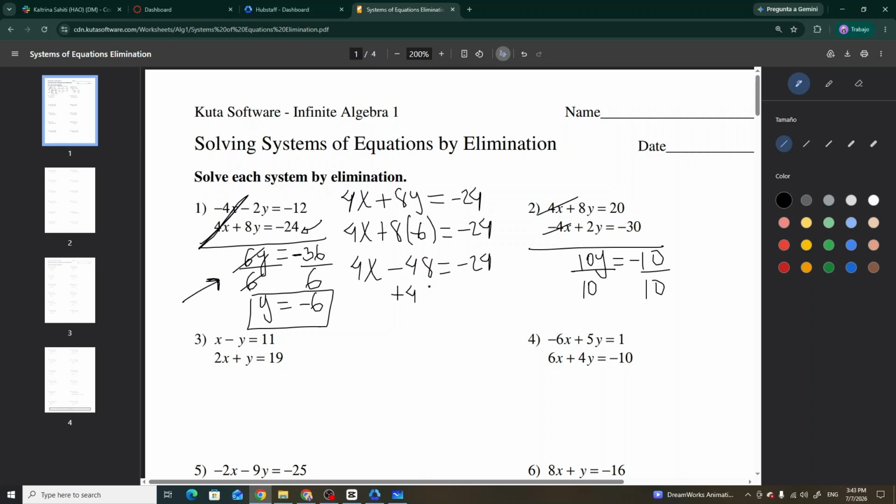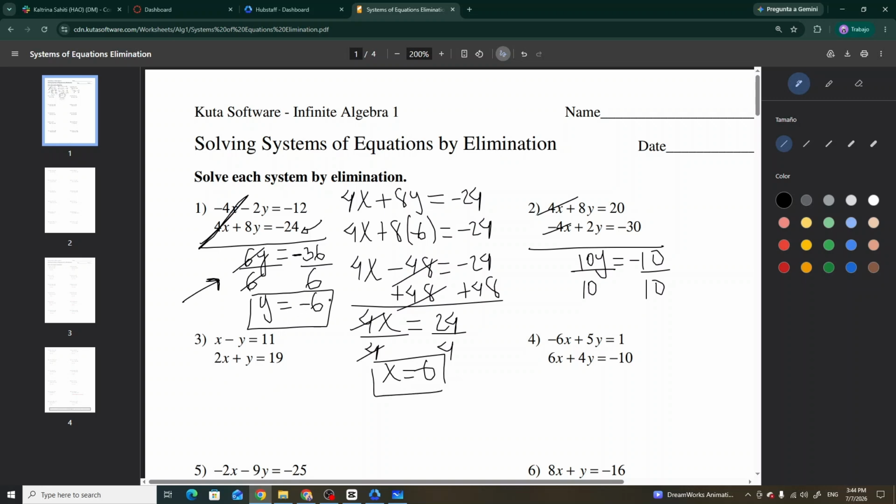I add 48 on both sides to isolate the variable. I cross out 48. I bring down 4x, and then negative 24 plus 48 gives me 24. Now I solve the one-step equation, dividing by 4 on both sides, and x equals 6. So the value of x is 6 and the value of y is negative 6.